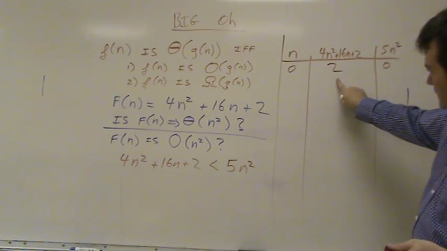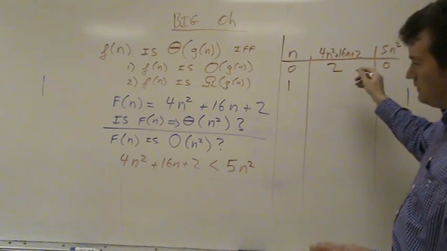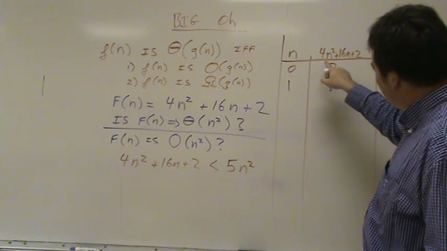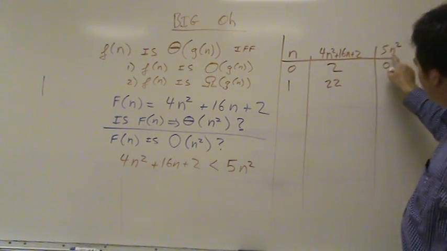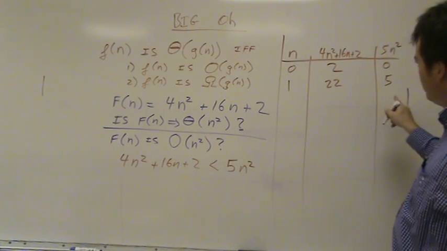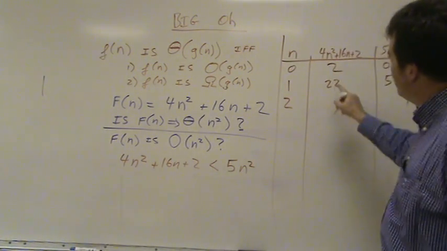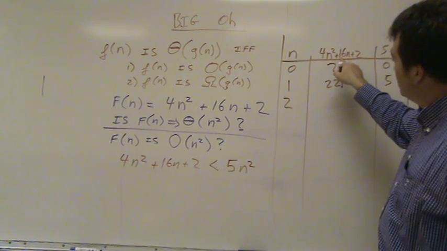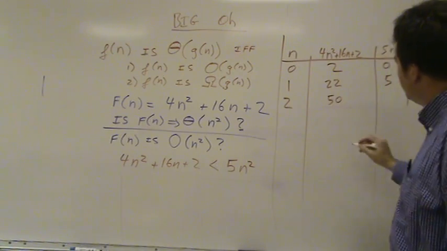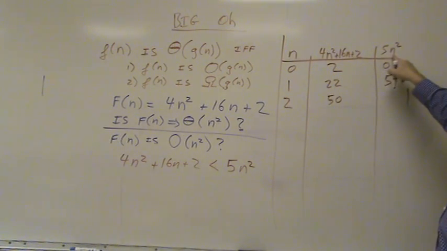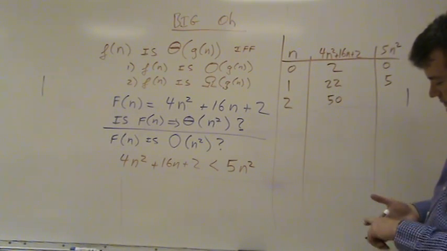We want what's on this side to be less than what's on this side. When n is 1, we did this before: 4 plus 16 plus 2 is 22, and this is 5. So that's no good. We want this column to be greater than this column. When n is 2, 16 plus 32 is 48, plus 2 is 50. 5 times 2 squared: 2 times 4, 2, 4, 8, 16.